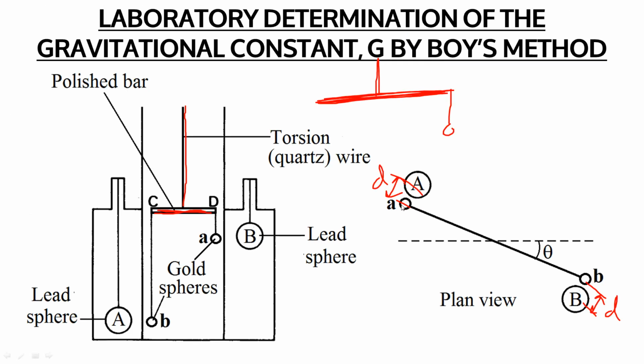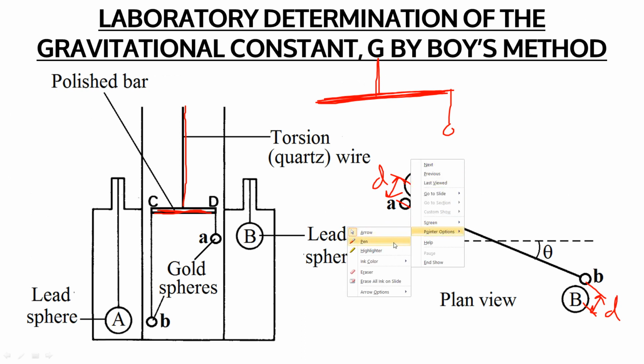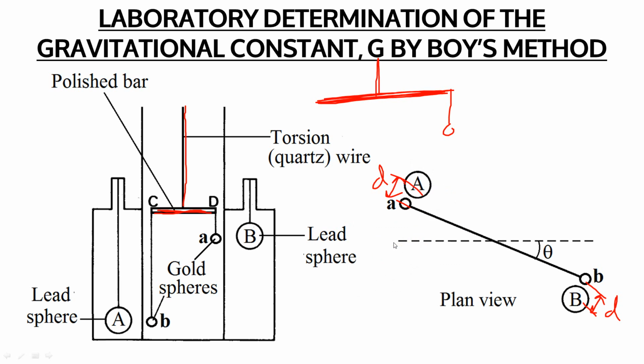I'll take you back a little. There is a force here, which we can call F. Even this side there is a force F, and they're acting in opposite directions, so they constitute a couple.